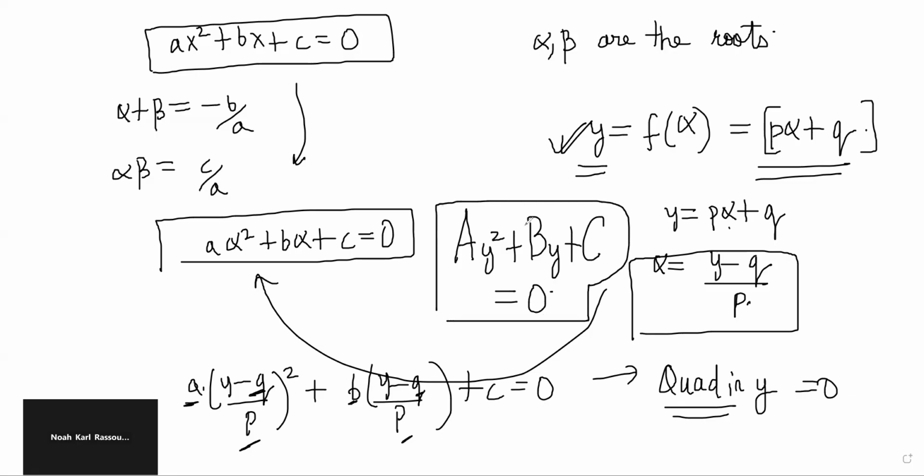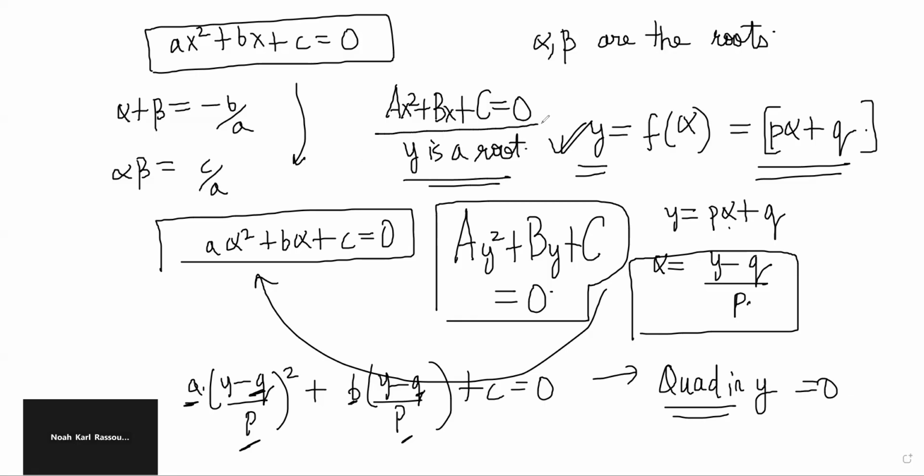So obviously we can say that in the equation A x square plus B x plus C equals 0, y is a root. Do you understand what we are saying?